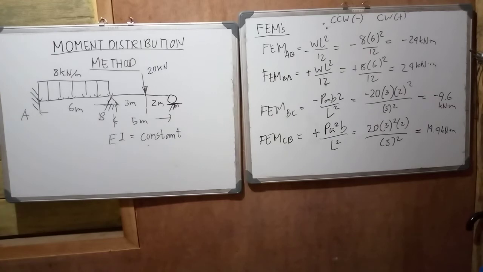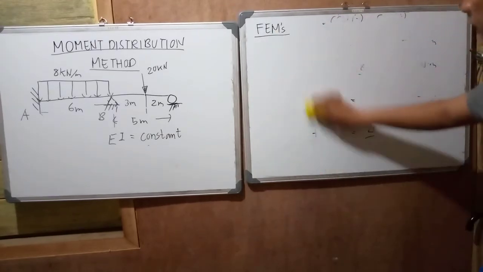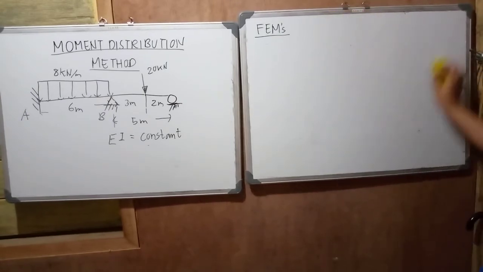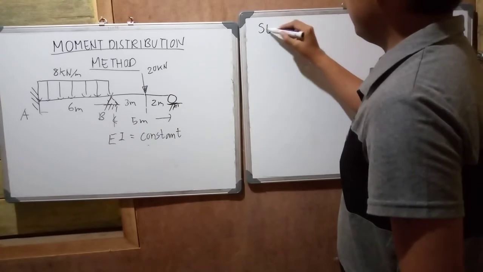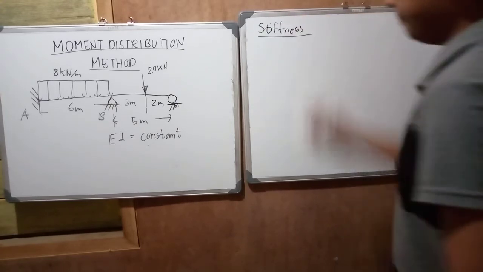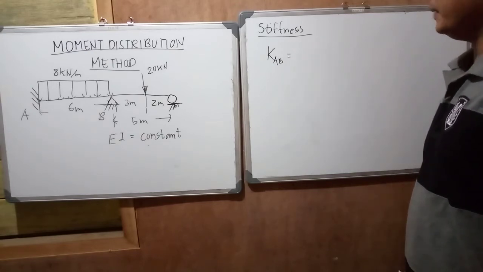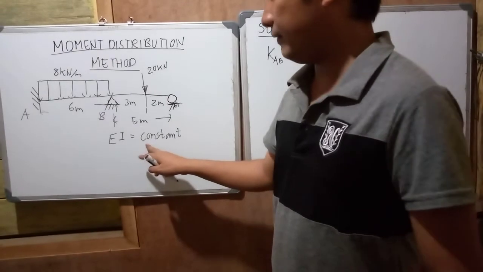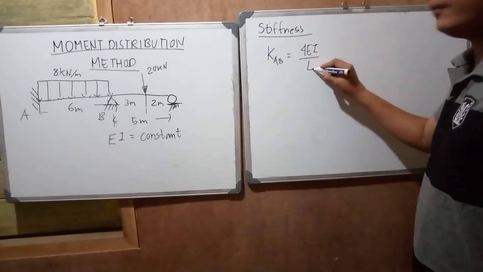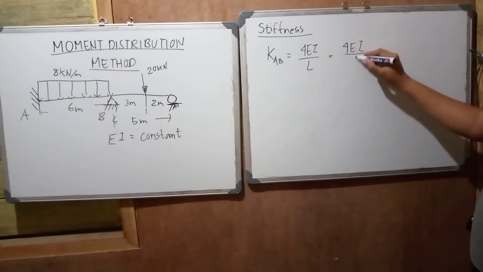And then next is still the K, the stiffness. Let me erase this first. Let us put the stiffness that we need to find. The first thing we will compute is KAB. We all know K A to B is equivalent to 4EI over L. Let us assume for now that both are 4EI over L. EI is constant, so we take it as it is over 6.